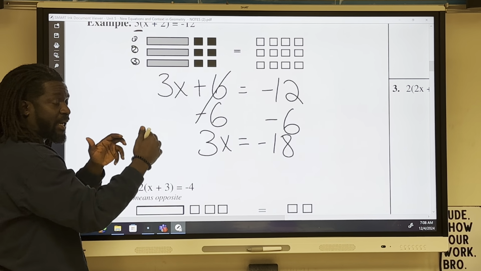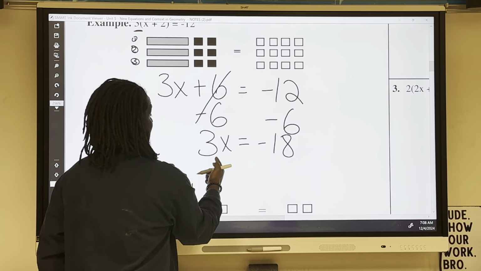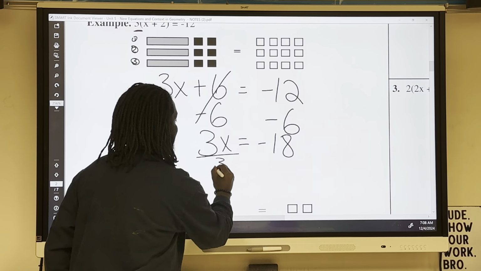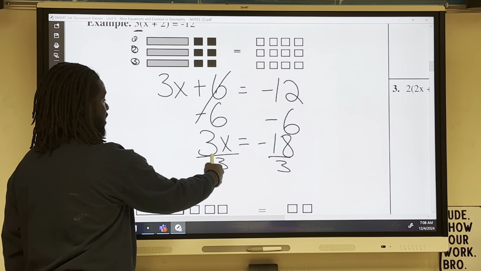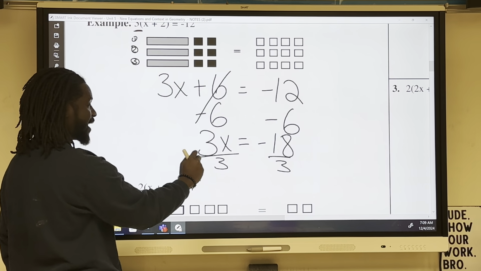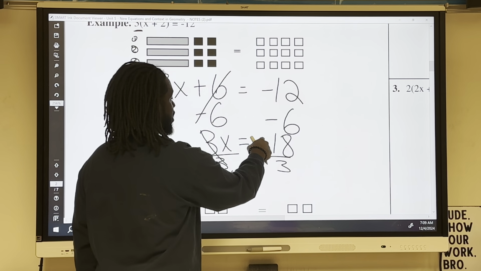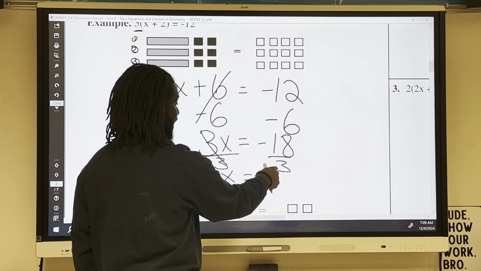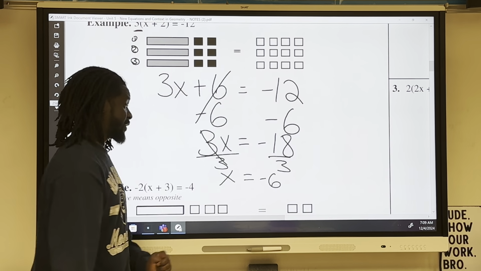So I have to put them in 3 different groups. In other words, I have to divide each of these by 3. 3 divided by 3 cancels out, giving me 1, and it would just be 1x, leaving me with x equals negative 18 divided by 3. And that gives me negative 6.